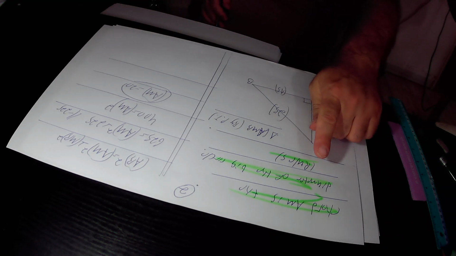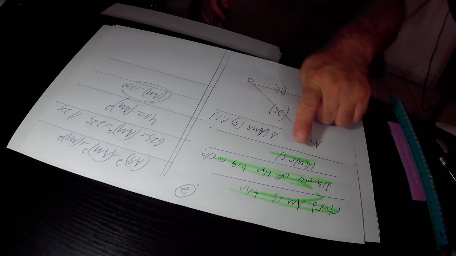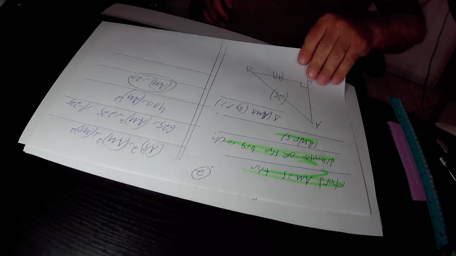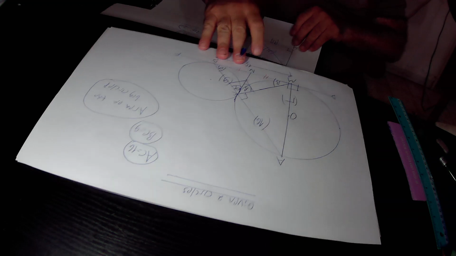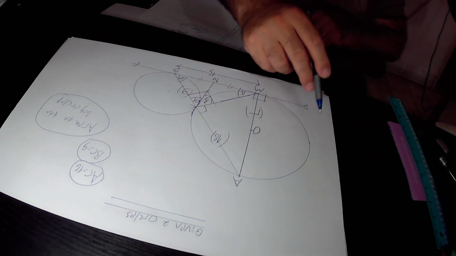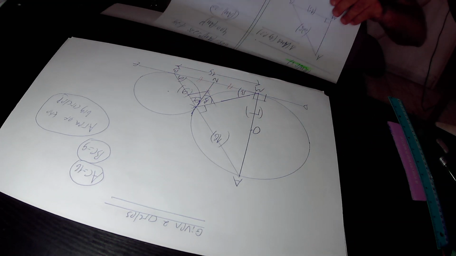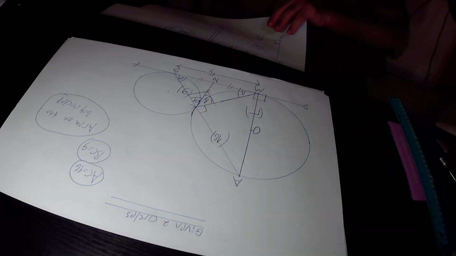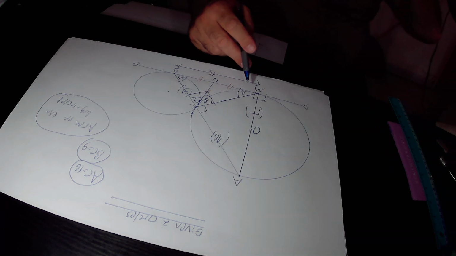And we already found out that chord AM is the diameter of the big circle. We know that the radius of any circle is half of the diameter.